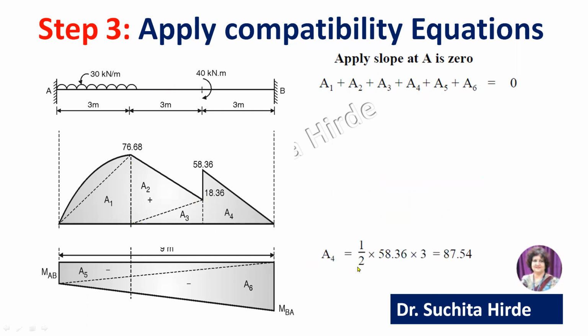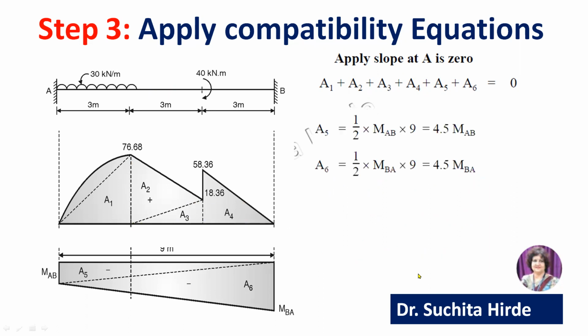After that A4 half into 58.36 into 3, 87.54. Then A5 and A6 half base, which is MAB into 9. Similarly A6 half base into height, that is 4.5 MAB and 4.5 MBA.